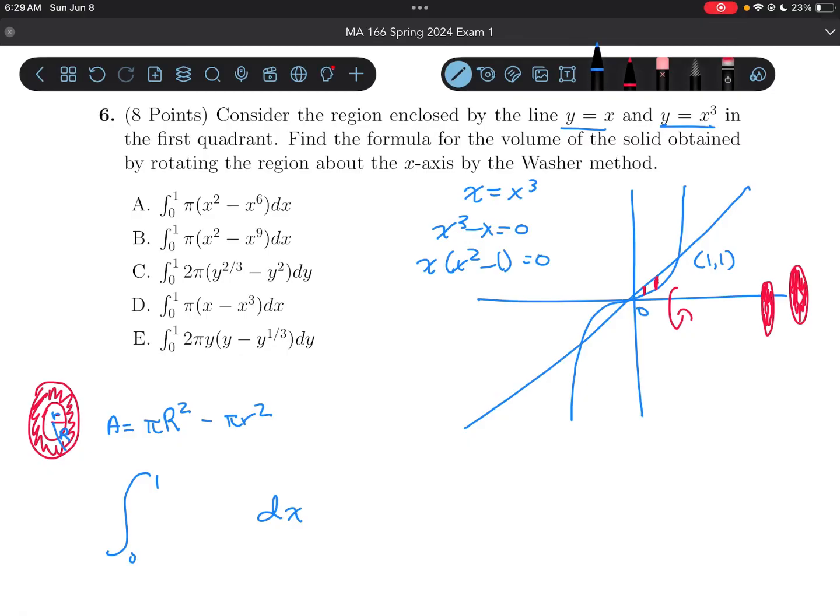So basically we plug in y equals x into this formula and y equals x cubed into here. So what we get is pi times x squared minus x to the power of 6 dx. So volume is equal to this, which means that the answer to question 6 is A.